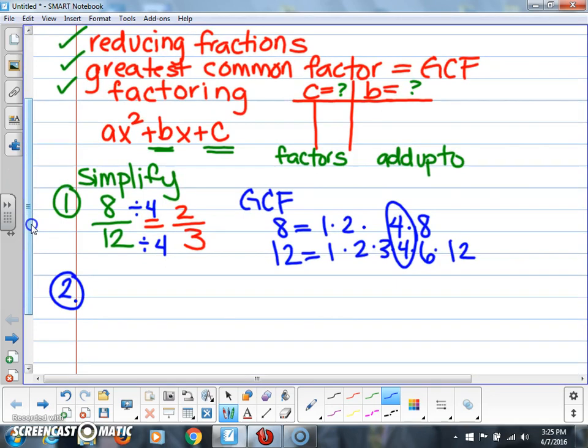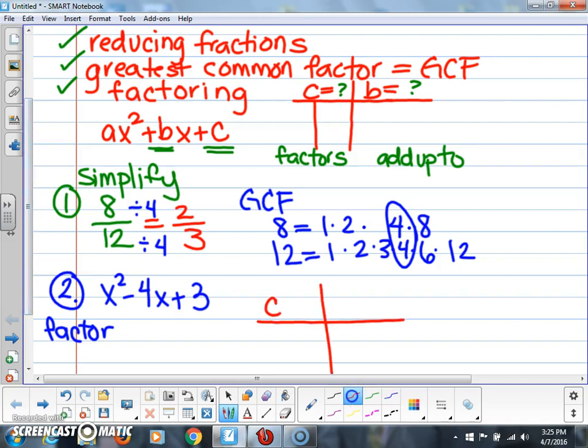Step 2. You know how to reduce fractions, you know how to get the greatest common factor. So we're going to factor. If I give you the following terms, x squared minus 4x plus 3, and I ask you to factor, according to our introduction, we're going to use our CB table. Okay, your CB table looks something like this.